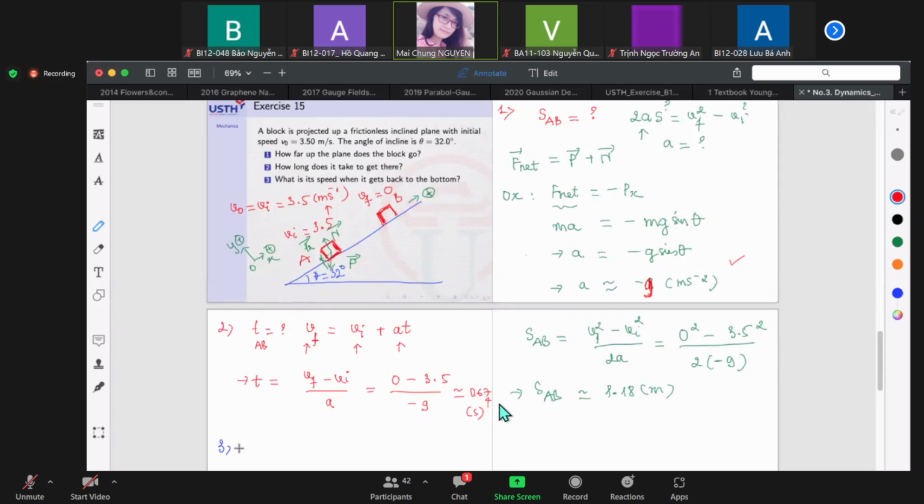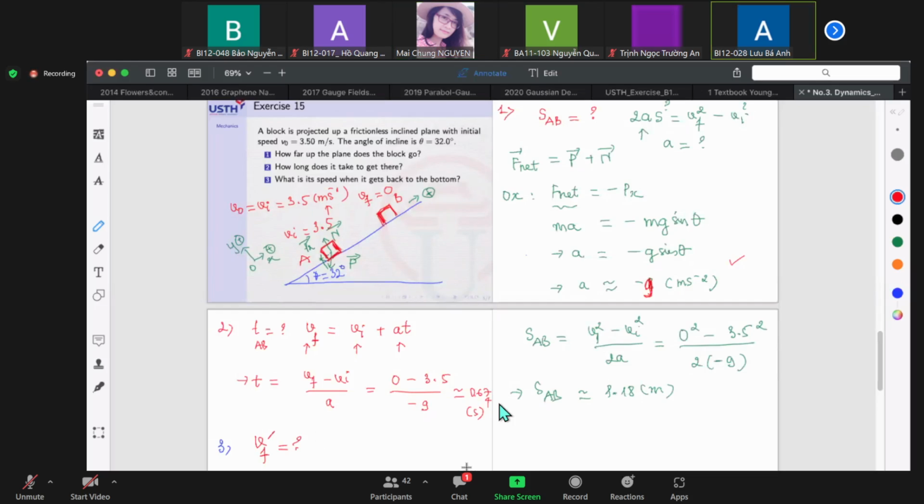So how to compute the speed? For the final, now we use VF prime. It's different from the VF here. VF here means the object starts at B. Now it starts at B and then moves back to the beginning, right? How to compute the final speed in this situation?